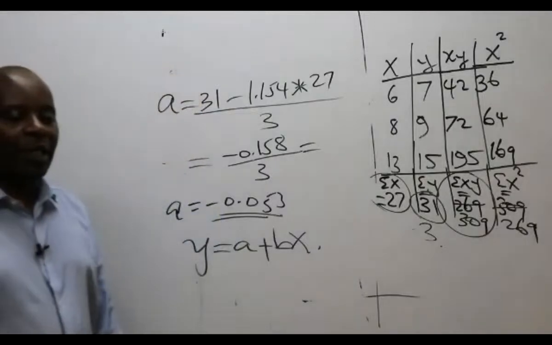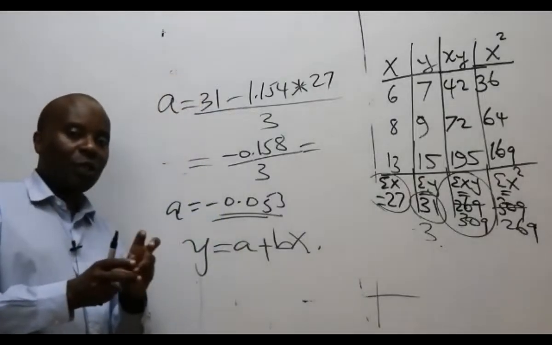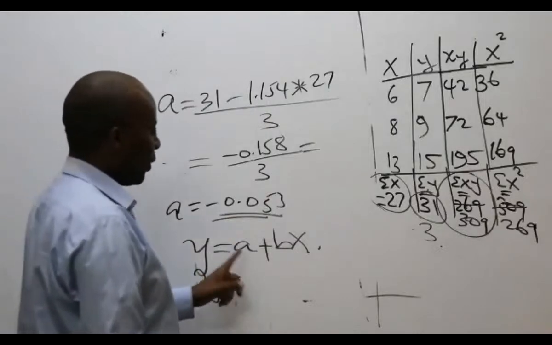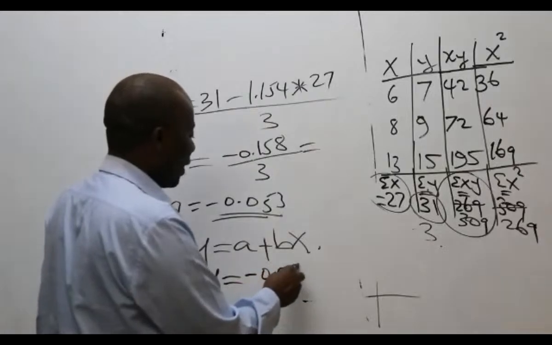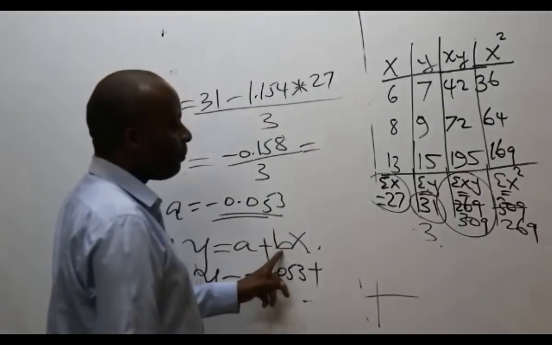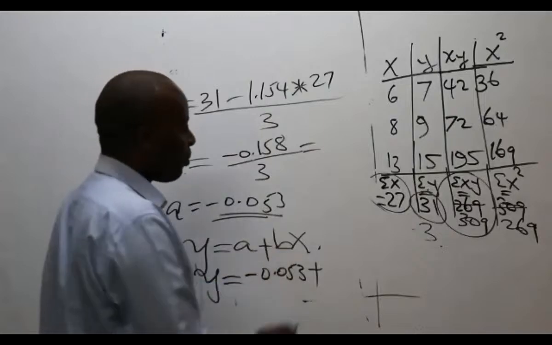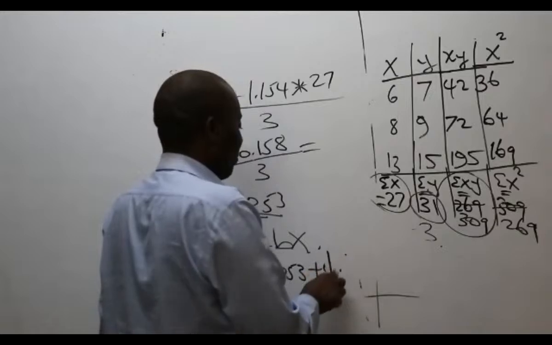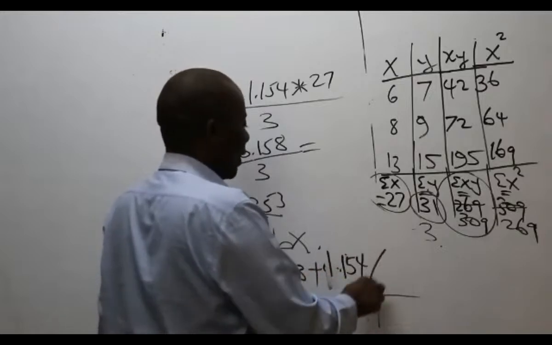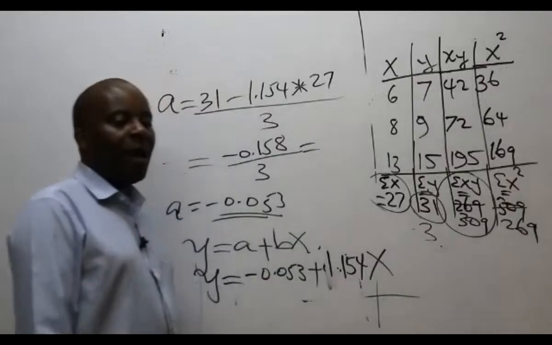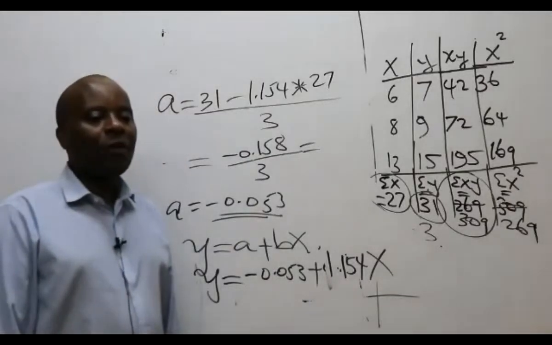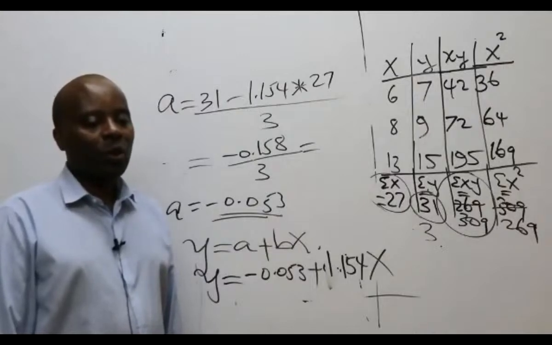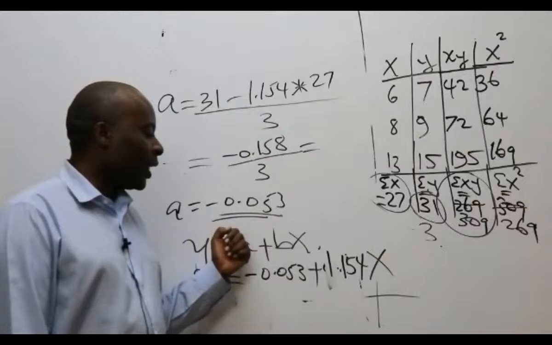You have the responsibility of connecting y and x using the connectors A and B. So my y here will be equal to A, which is minus 0.053, plus B, which is 1.154 x like that. Remember that our work at the end of it all is to provide the y equation, the straight line equation, by bringing in the values of A and B that you have gotten.